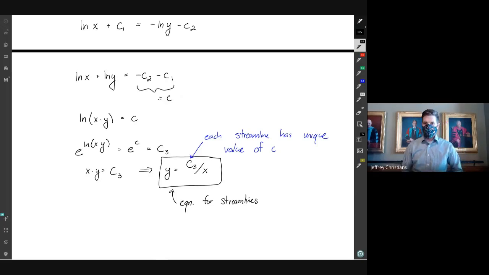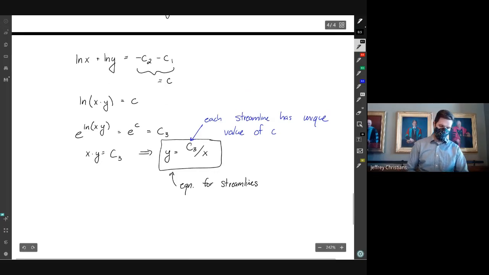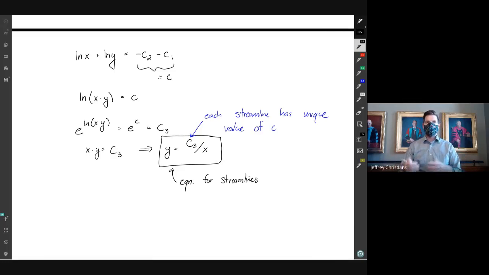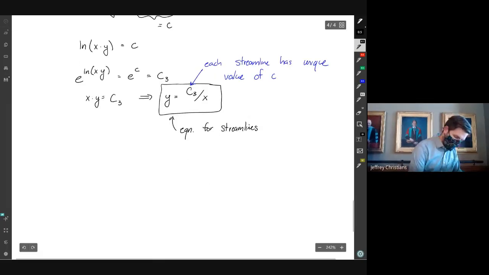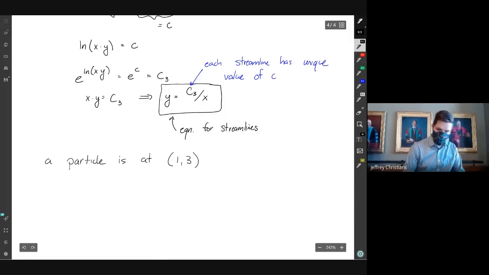Okay, the last thing that we're going to do: we can figure out the velocity anywhere, we can figure out what the streamlines look like. We can also use the velocity field to track where things are going and look at fluid particle motion. So we could answer a question like: a particle is at 1, 3 at time 0.